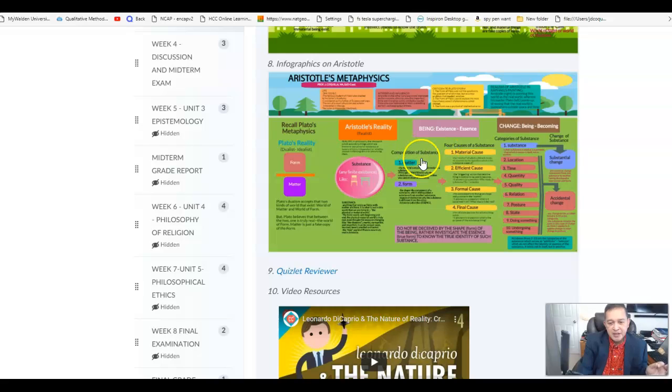So substance is composed of matter and it's composed of form. Now what is matter? Matter here is the material composition of a substance, like a chair. You have wood, you have iron, you have the legs that are composed of perhaps a steel or a screw. That is the matter part. Now, is there a form part?